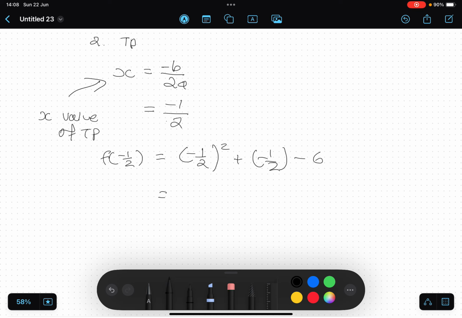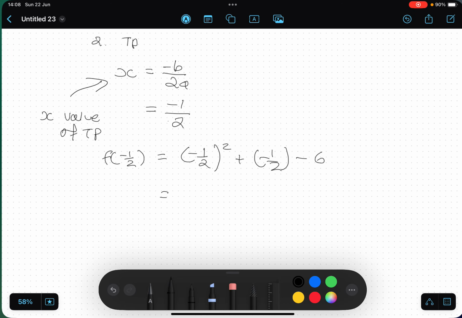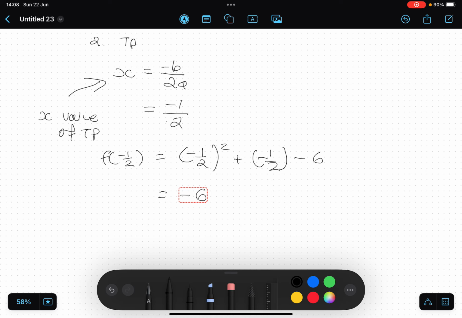Okay, so I'm getting a strange value, but that's okay. Minus 6.25. So this is our turning point. It'll be minus a half and minus 6.25.